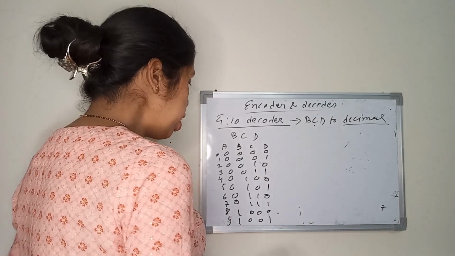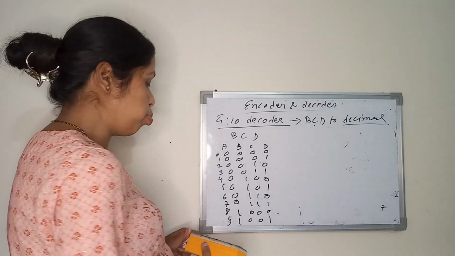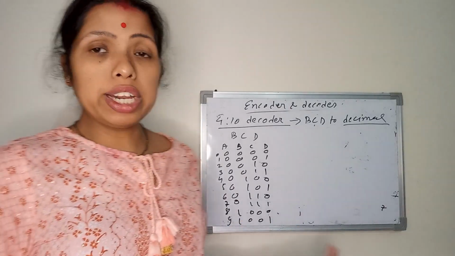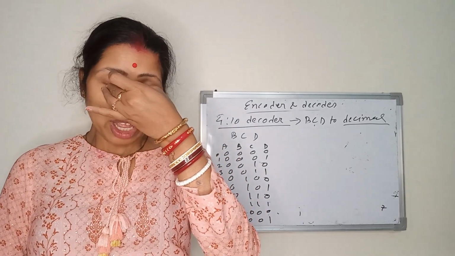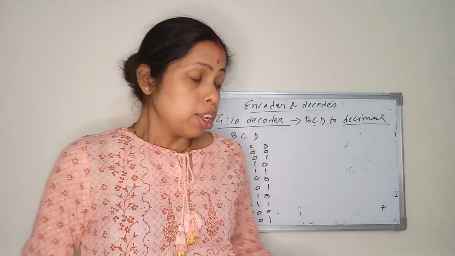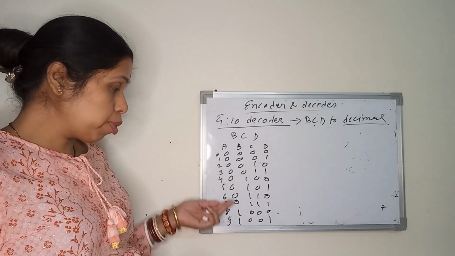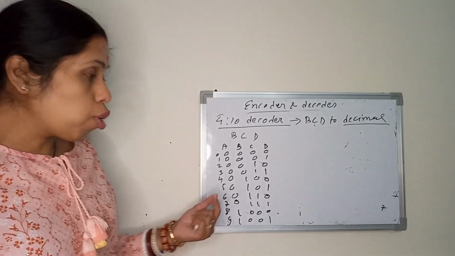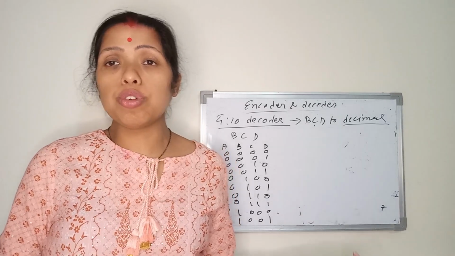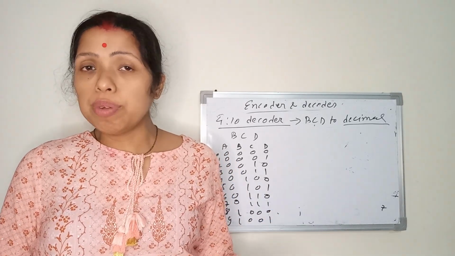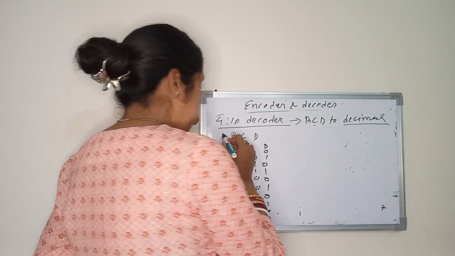After 9, if you want to write the total 16 combinations, you will have 10, 11, 12, 13, 14, 15. After 9, whatever combinations are there, all the output will be 0, from 10 to 15. So what will be your output here?